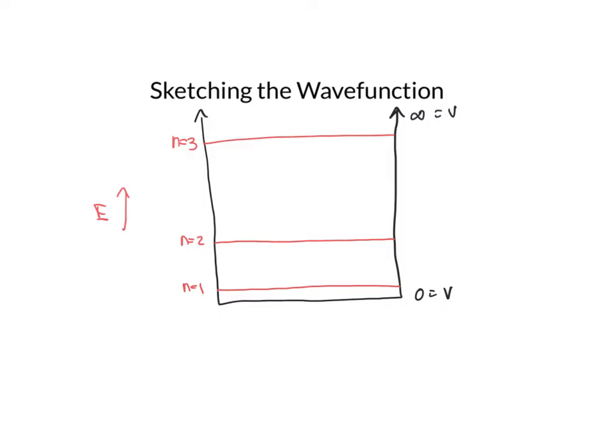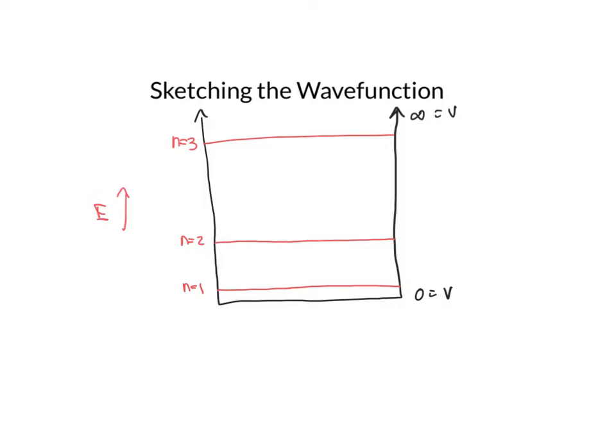The next thing we do is draw what our wave functions for each of those energy levels look like. Here's where we sketch the wave function, and we use the total energy line as our x-axis for the wave function for n equals 1. When we do n equals 2, we use this line as our x-axis.